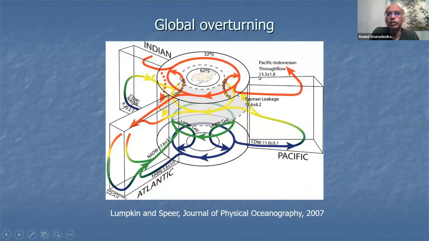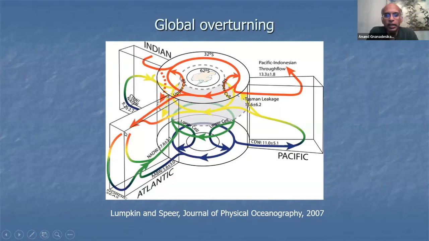Each of these units is what's called a Sverdrup. It's 1,000,000 cubic meters per second. To put it into context, the Amazon is about 200,000 cubic meters per second. So each Sverdrup is about 5 Amazons, or about the sum of all the world's rivers put together.